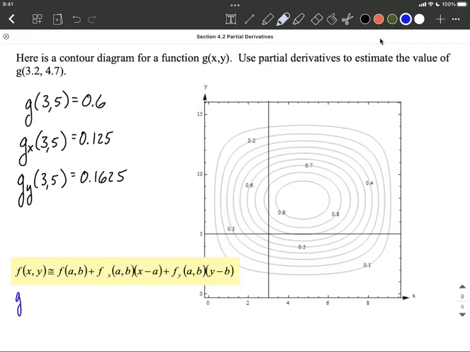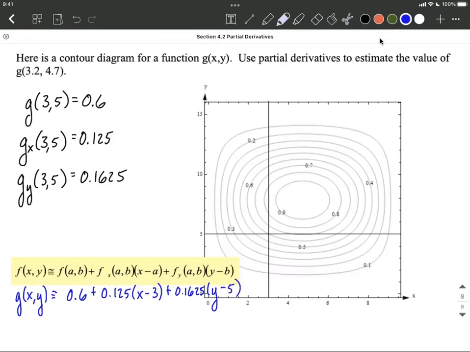So our estimation is going to be given by g of x, y, and I'm using g because that's the name of our function here, is going to be approximately g of 3.5 at the beginning, plus the partial derivative with respect to x, which is 0.125, and then x minus our x value, which in our case is 3, plus 0.1625, our partial with respect to y, multiplied by the quantity y minus 5.